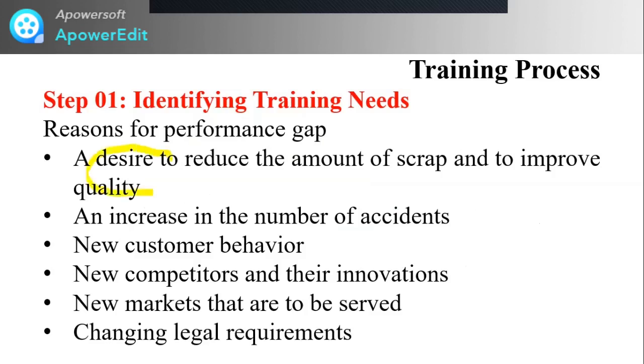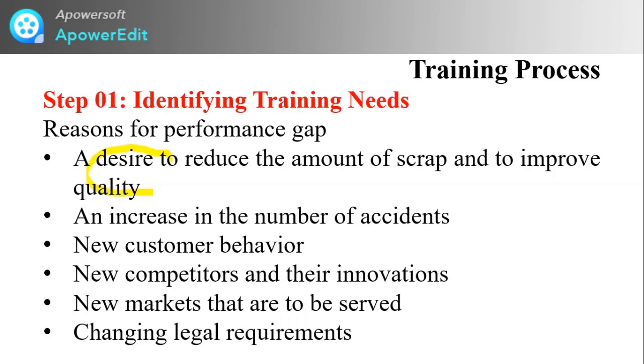The company decides to reduce scrap or defects and improve quality. Therefore, the company uses new methods and new approaches to produce the product or offer the service.